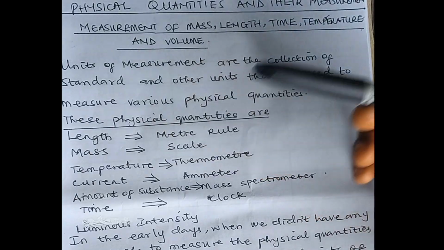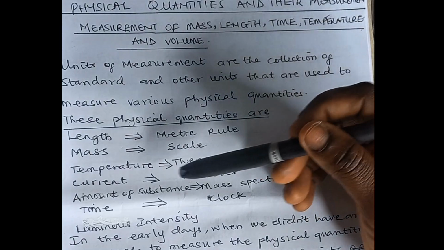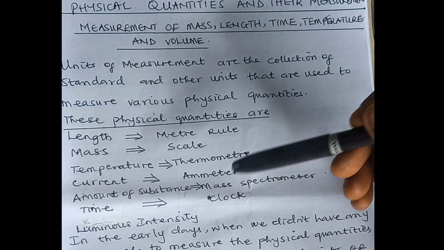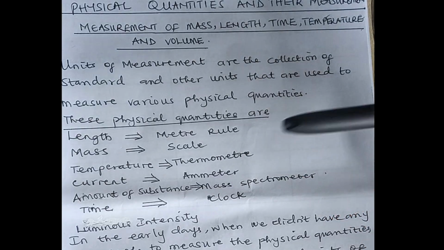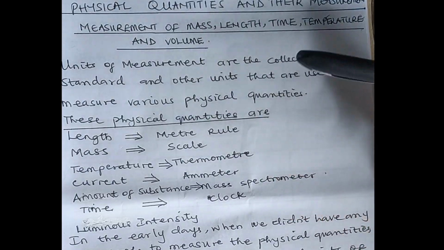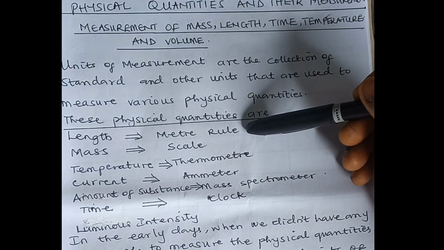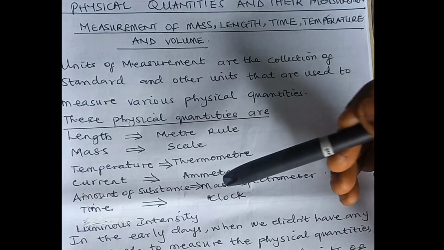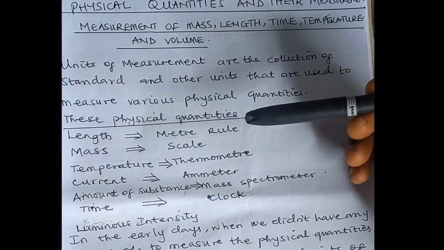Yes, we can say the body is hot, the body is cold, but we really need to know the extent to which the body is hot. So we need to take values or readings, or assign readings to all these parameters or physical quantities. Other examples are current, amount of substance, time, and luminous intensity.